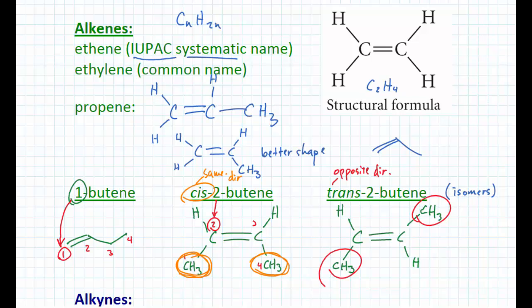Okay? We do not need cis and trans, for instance, for propene, because we only have carbon groups attached to one side of this double bond. Okay? And we don't need any cis or trans for butene, because again, only carbon groups are attached to one side. Okay? But as soon as we get a double bond in the interior of a molecule, it can either be cis or trans.